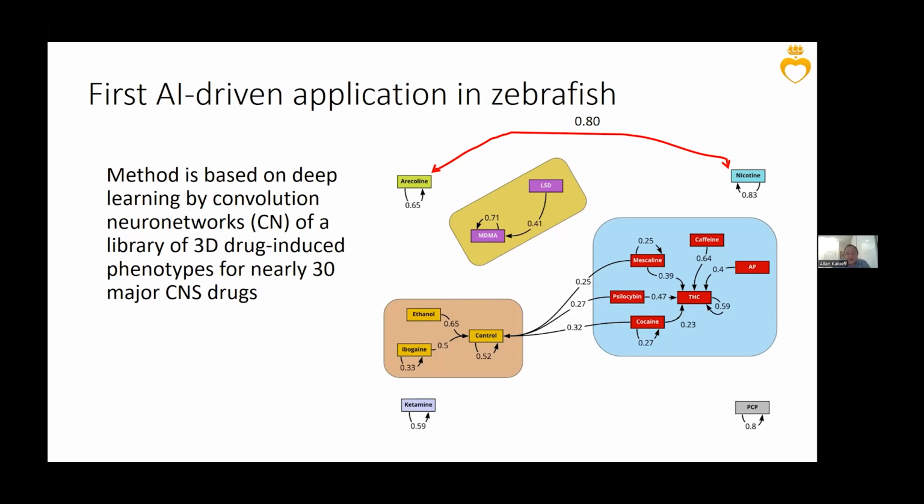So, for example, it would place ketamine, which is an anti-glutamatergic drug, separately from, for example, monoaminergic drugs like mescaline and psilocybin and cocaine.